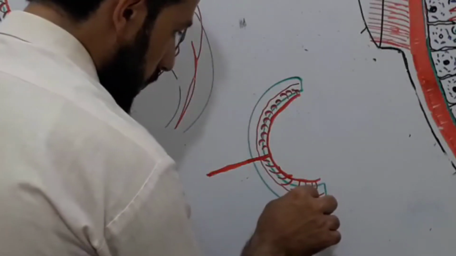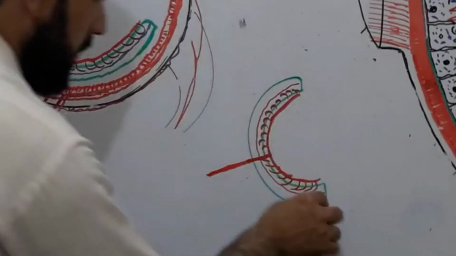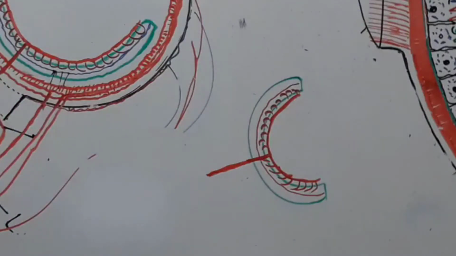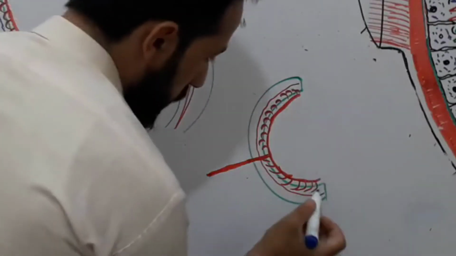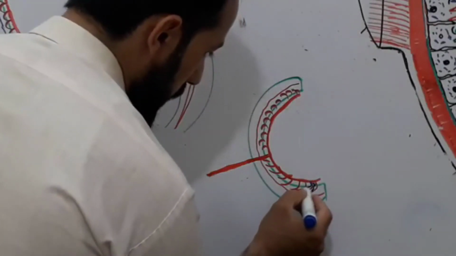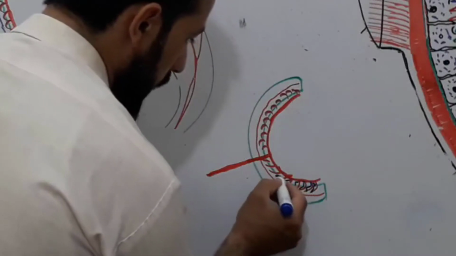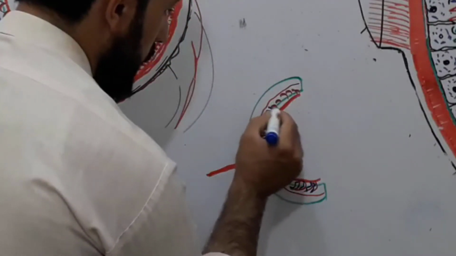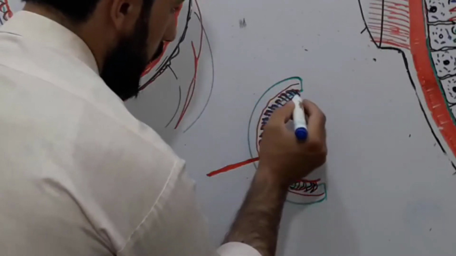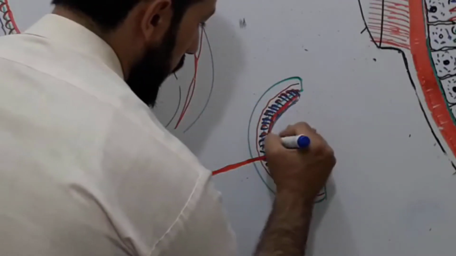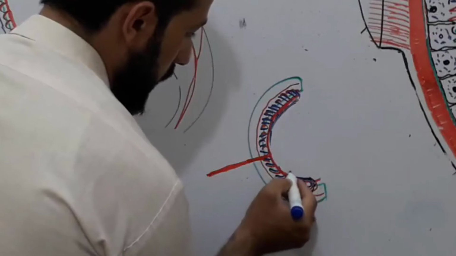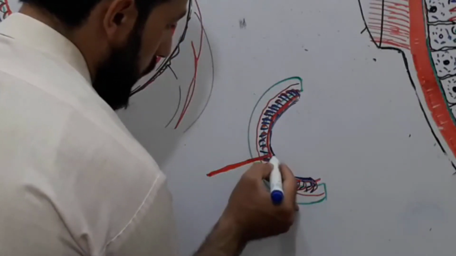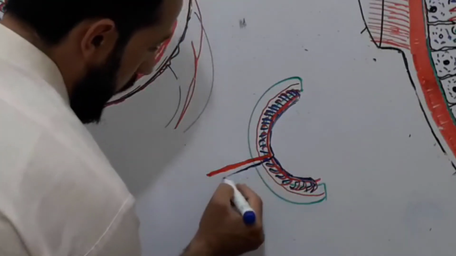Again these capillaries will unite with the capillaries of the venous side, as I told you in the previous lecture. They will collect the deoxygenated blood from the inner parts of your retina, and they will unite and make a major vein, and that vein will come out.